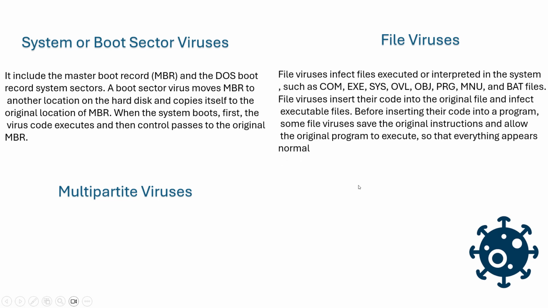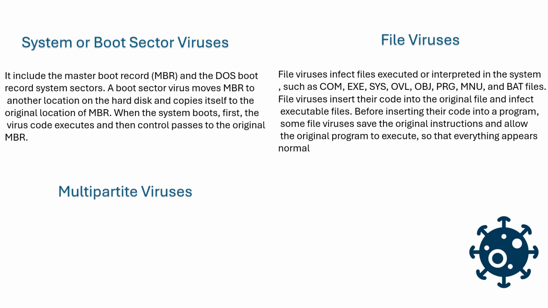Let's talk about the file viruses. File viruses infect files that are executed or interpreted in the system, such as exe, sys, prg or bat files. File viruses insert their code into the original files and infect executable files.